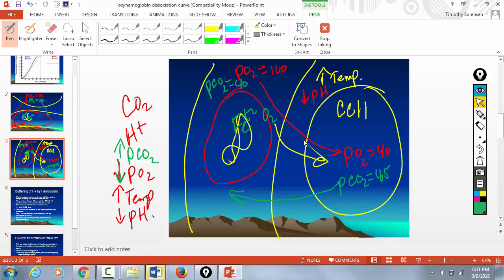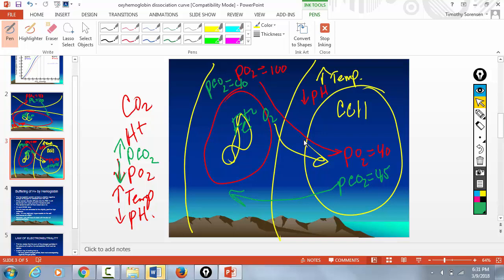And because you're producing more byproducts of metabolism, the PO2 inside the cell is lower and the PCO2 is higher. That's going to change the shape of hemoglobin even more and unload more oxygen. So it should be clear to you, crystal clear, that metabolism dictates your physiology.